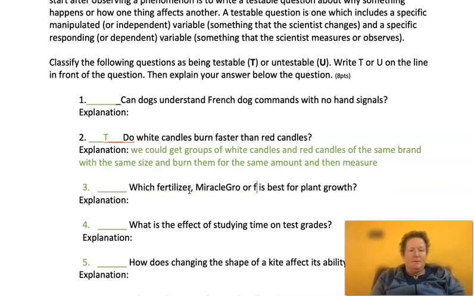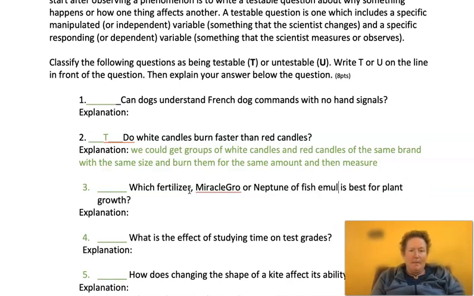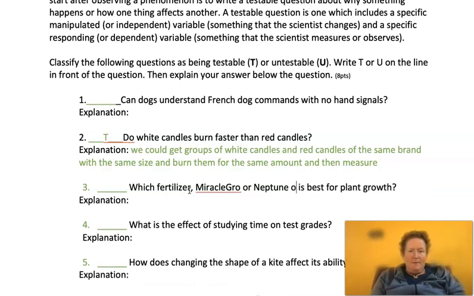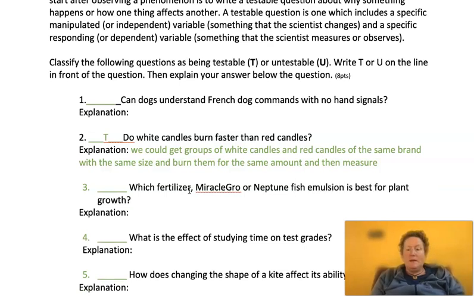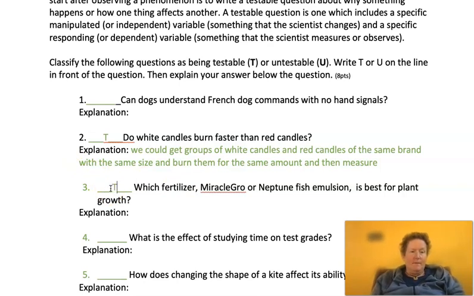Let's call it Neptune fish emulsion because I think it's a specific brand. Neptune fish emulsion, that's a different alternative type of fertilizer made from fish, is best for plant growth.